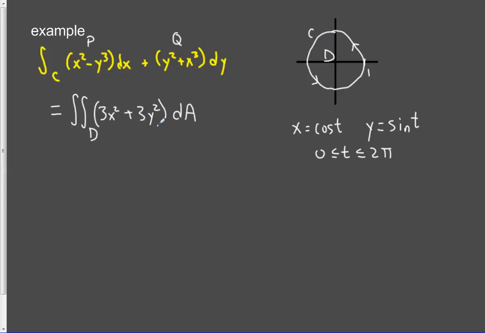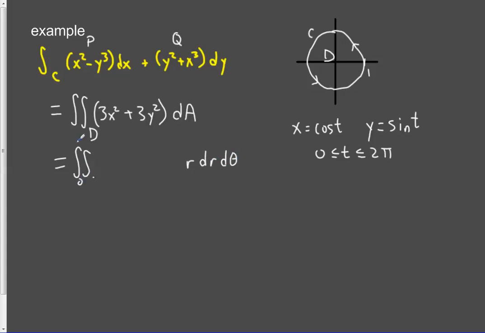Now, can we do this? We can. To do this double integral, because it's over a circle, and this is something you got a little bit used to in multivariable calculus, doing double integrals over circles, polar coordinates are often going to make your life easier. So we replace dA with r dr d theta.